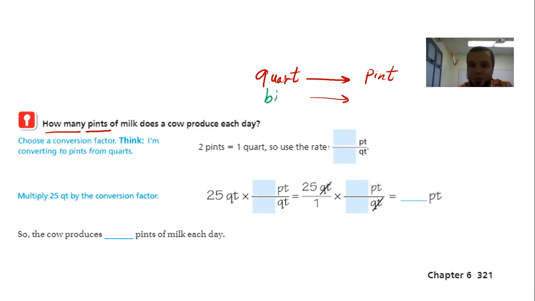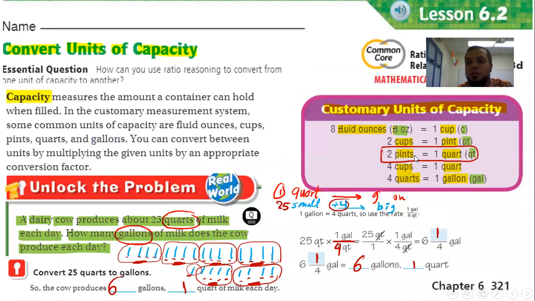Quart and pint here, big to small, because the relationship between them says 2 pints equals 1 quart. So that means 1 quart is greater than 1 pint. Okay, guys, do you understand this? 1 quart is greater than 1 pint, because 2 pints equals 1 quart.